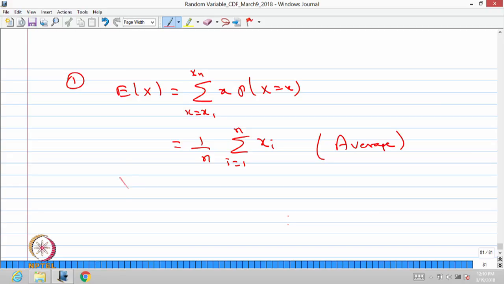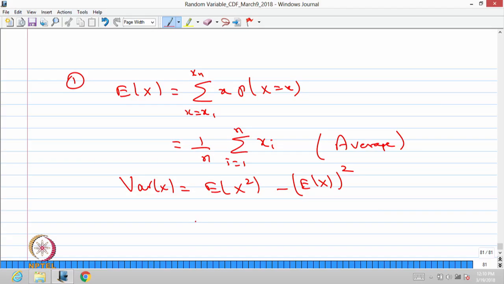We can go for finding the variance of X, that is expectation of X square minus expectation of X the whole square. First you compute the expectation of X square, then you substitute in this formula, then you can get the variance.